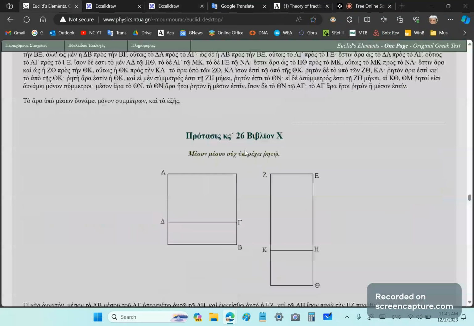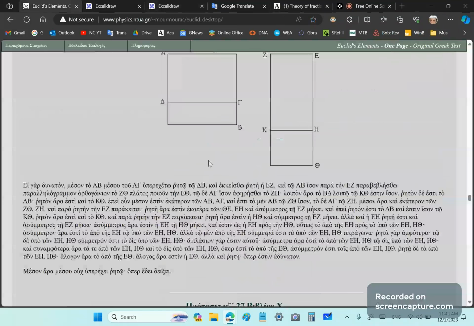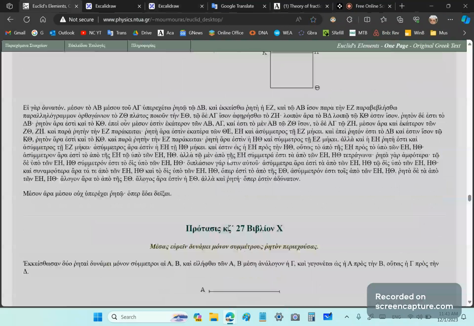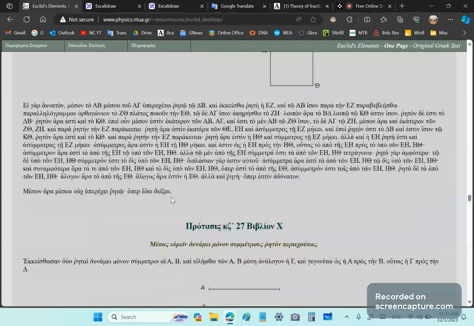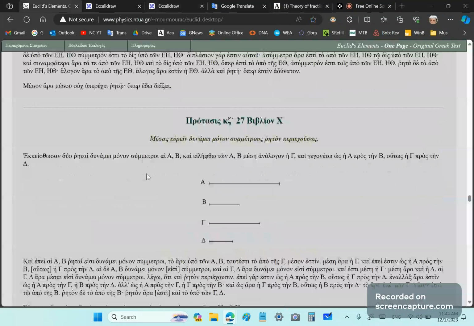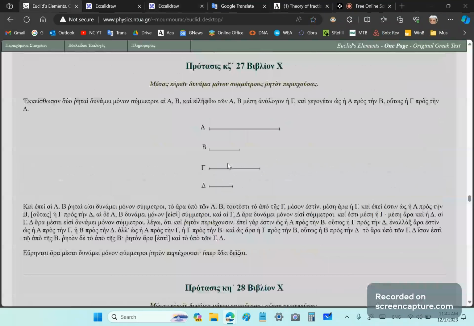All these propositions, everything that you see, it's all a build-up from geometry, from a qualitative measure to a quantitative measure through the abstract unit. It's all a build-up.